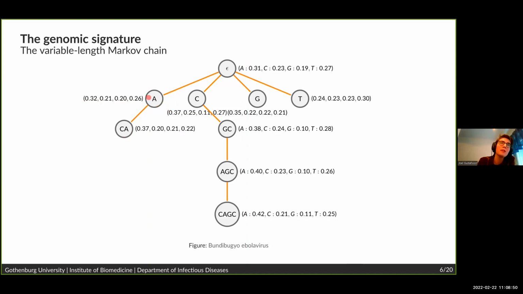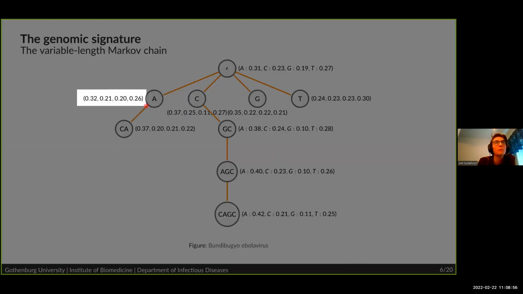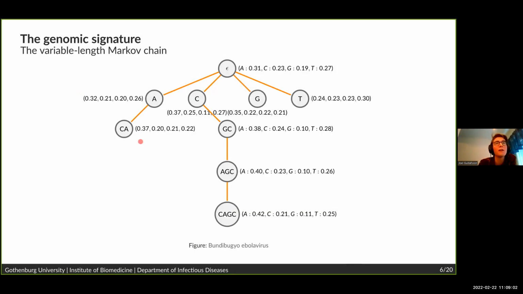But perhaps the reason for not including AA here is that those probabilities are very similar to what we already observed for just the context of knowing that there was an A previously in the sequence. And that allows us to remove a lot of those unnecessary parameters in the model, and allows us to make hopefully a better model of the genome.